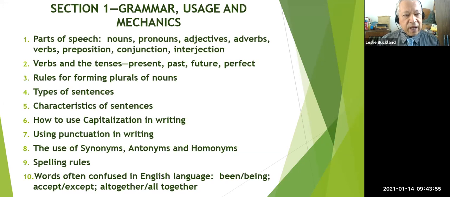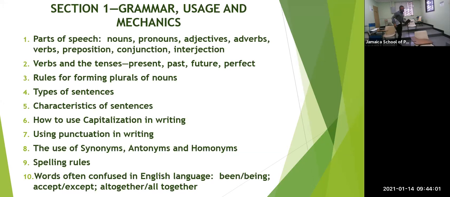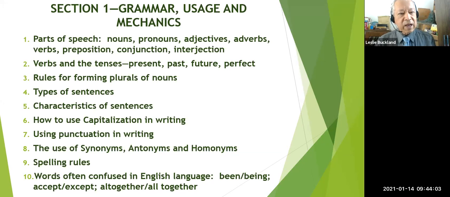Then we'll be looking at rules for forming plurals of nouns. After that, we will look at types of sentences. Number 5, characteristics of sentences. Number 6, how to use capitalization in writing. Number 7, using punctuation in writing.